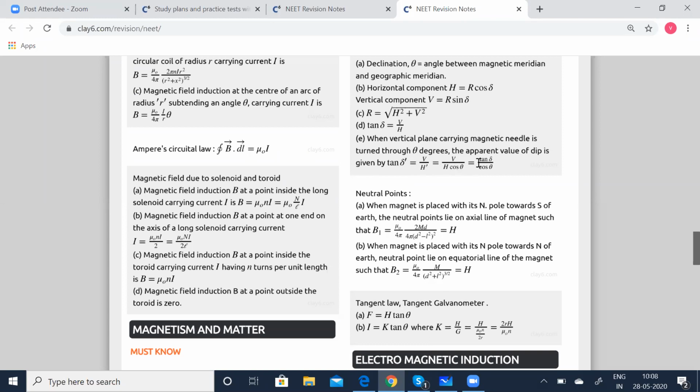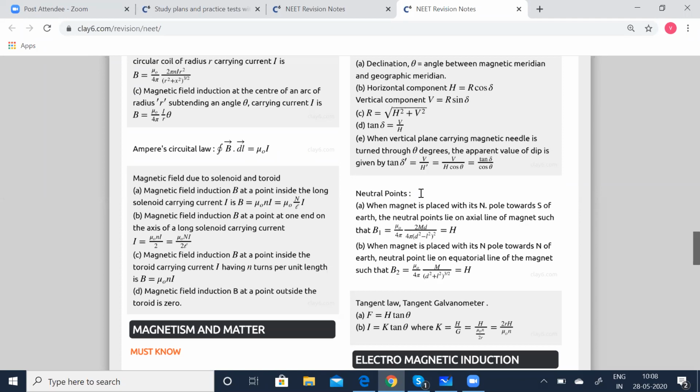Or V by H, as we already saw, is tan delta. So tan delta dash equals tan delta by cos theta.